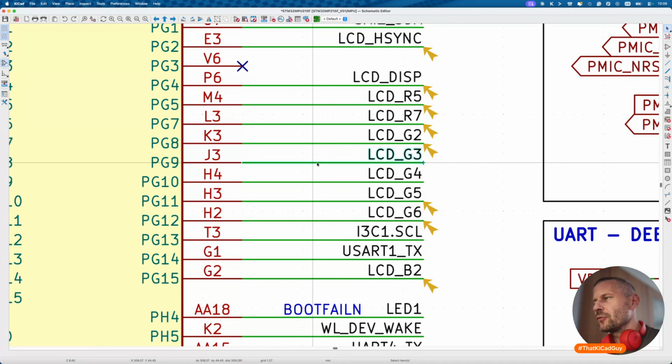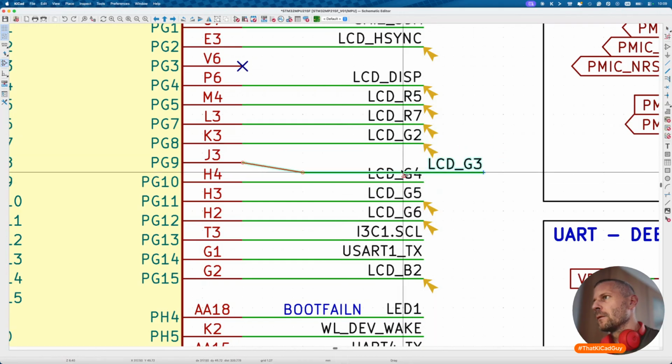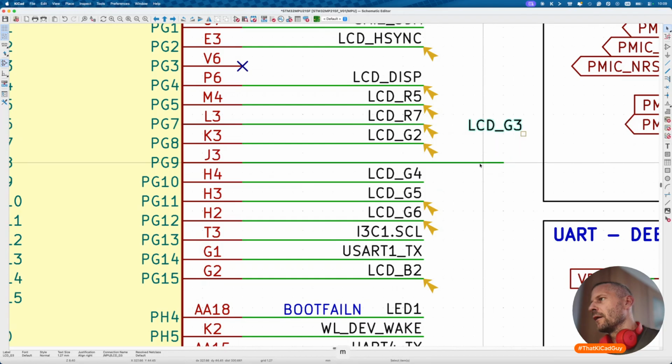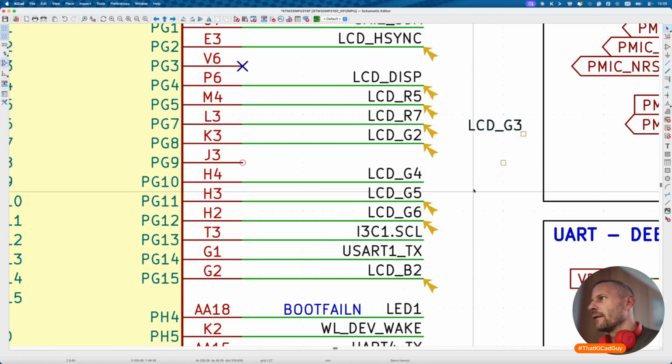And if I drag it, I should expose it. No, it's not exposed. So does it mean that I drag it along with the, yeah, like the empty label is at the end of the net.